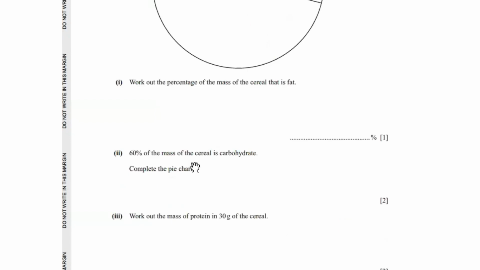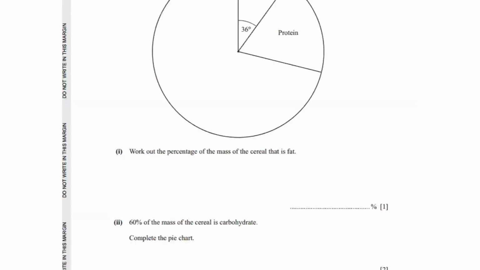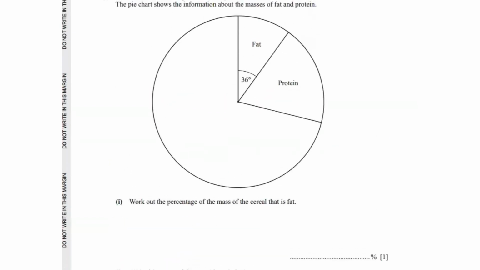Then it says 60% of the mass of the cereal is carbohydrate. Complete the pie chart. So if it's 60%, we find 60% of 360, which equals 216. So we draw an angle of 216 on the pie chart. So that's approximately going to be around this.